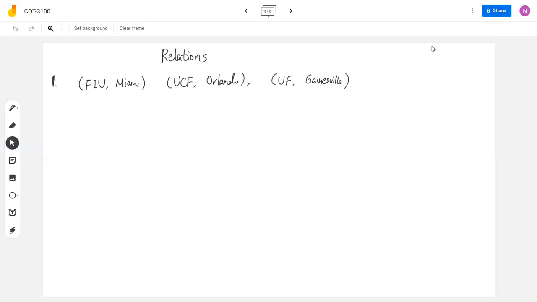So we say object A for ordered pair AB, object A and object B. This is not a rigorous definition. We will give a more rigorous definition later. So we say they have a relation R if A and B are related in some way.